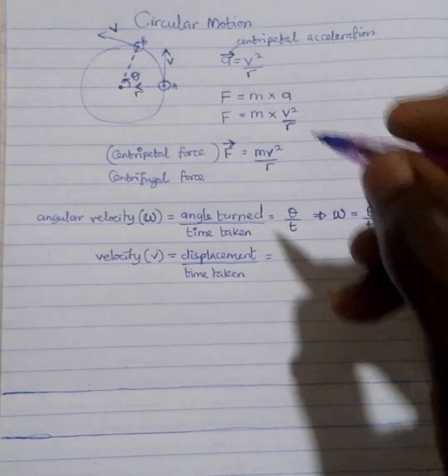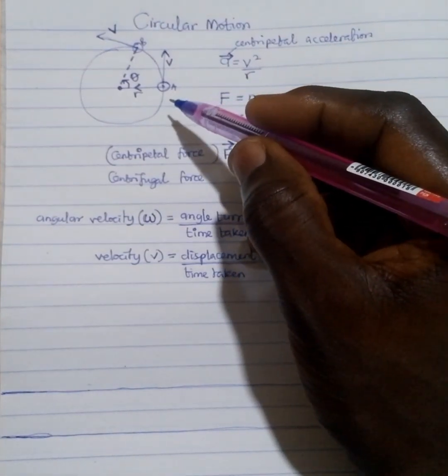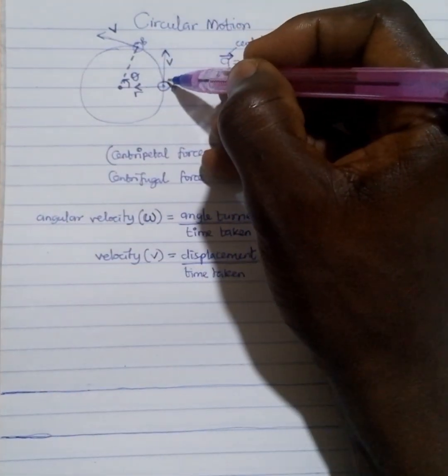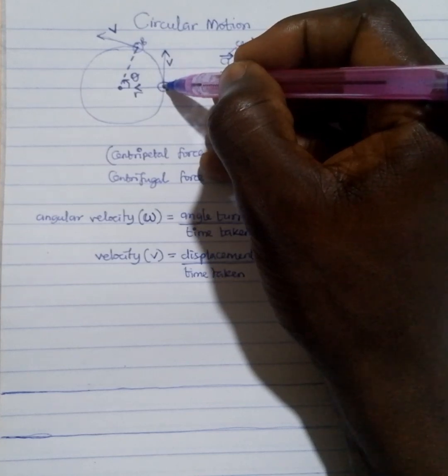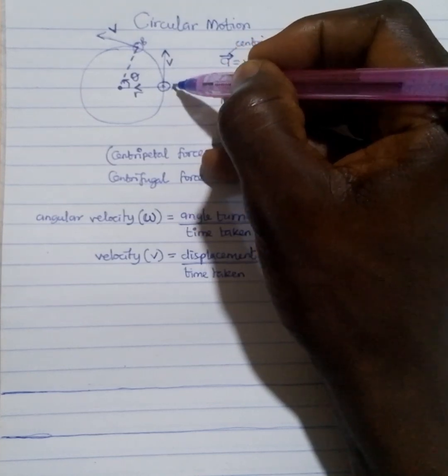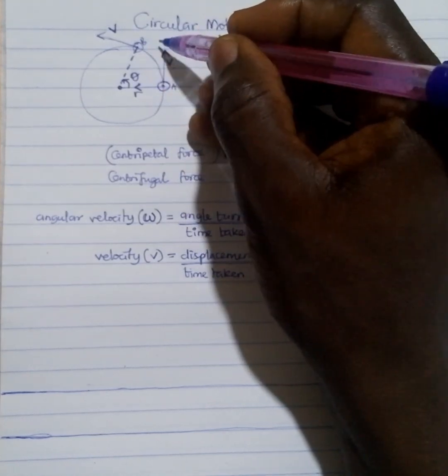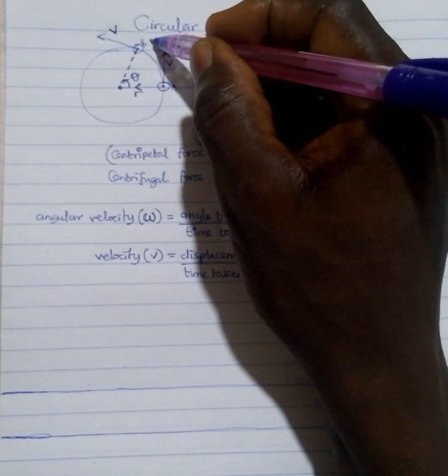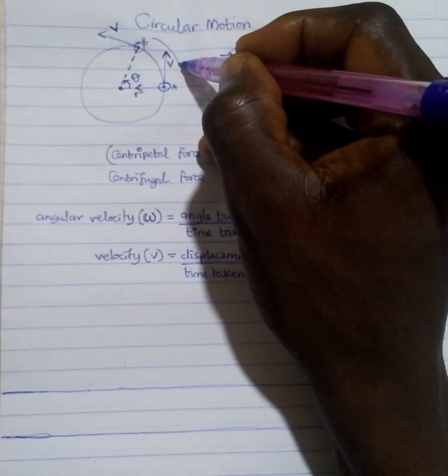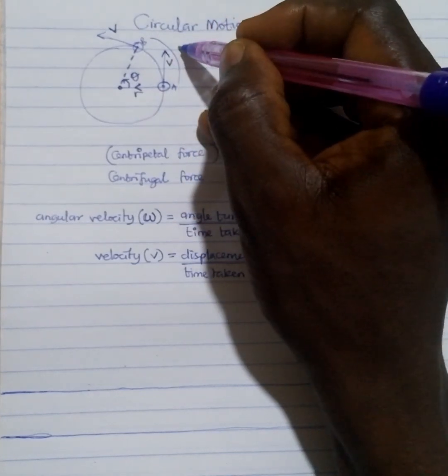Now go back to this diagram. For the stone to move from point A to point B, it must have covered some distance s.